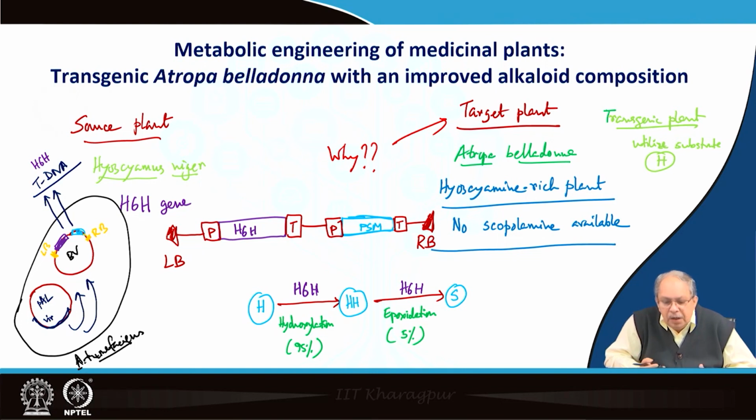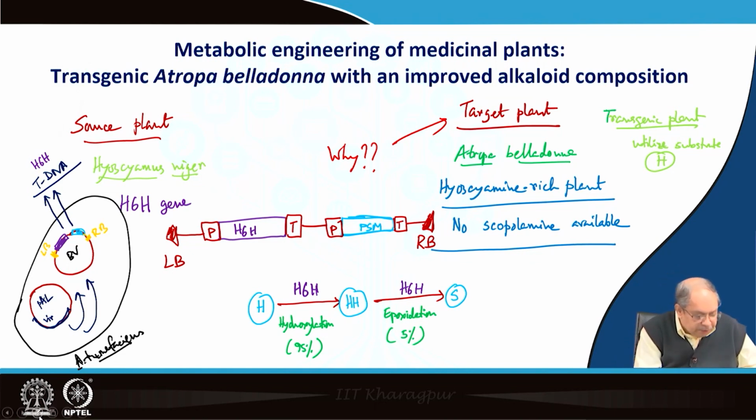That makes the result difficult to interpret, but here it is relatively easy, because there is no product. If it makes scopolamine, that is because of the transgene H6H expression. Fine. Now let us see the result.